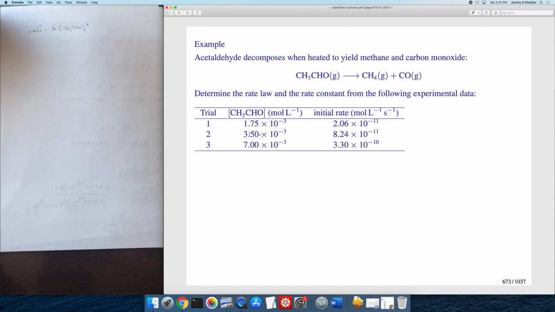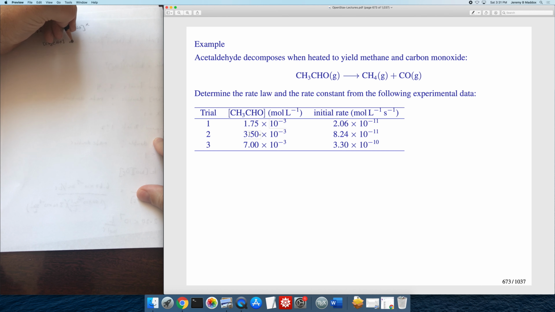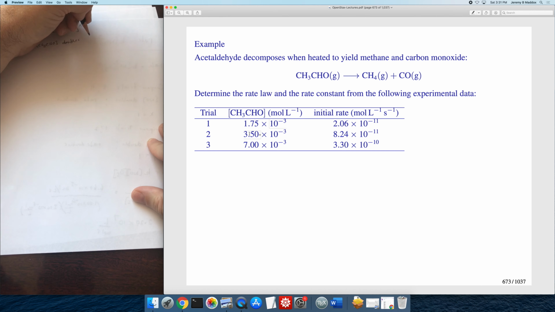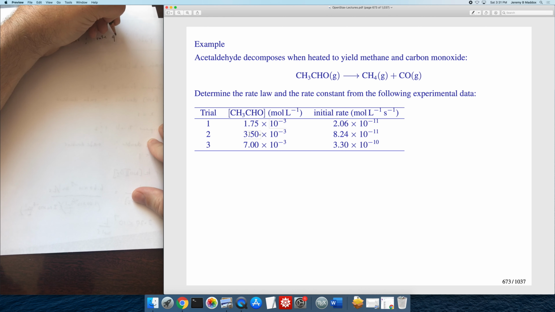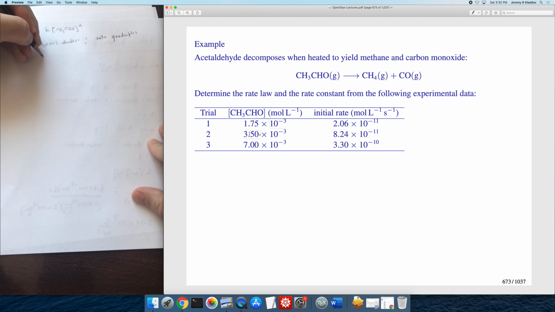So in this case, we see that the CH3CHO doubles and the rate quadruples. Therefore, x equals 2.